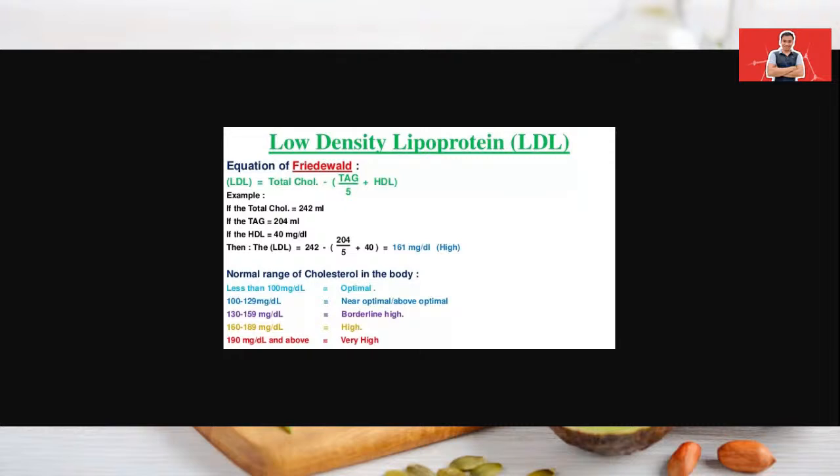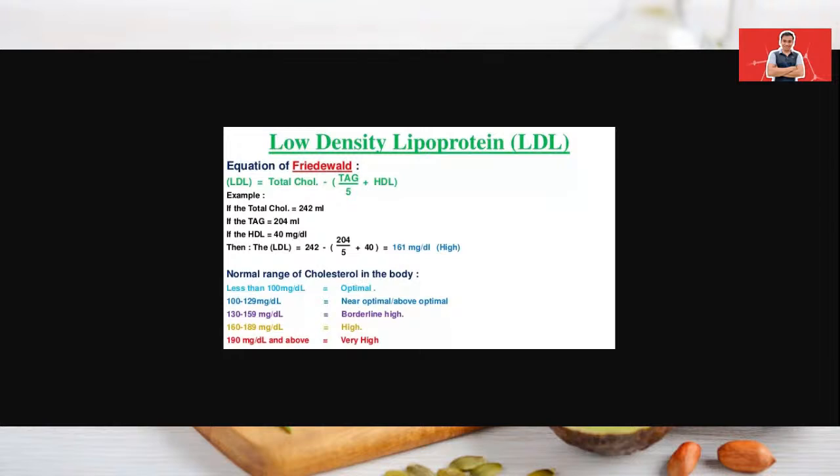Makita nyo, guys? So, ito yung question kanina. Dapat ang hanapin talaga yung LDL. Ito siya. Total cholesterol is 242.